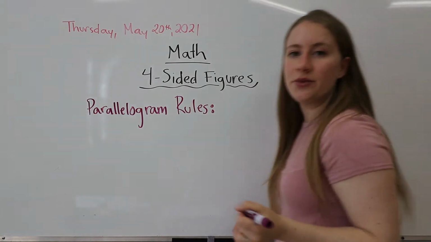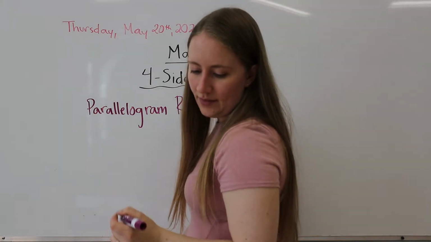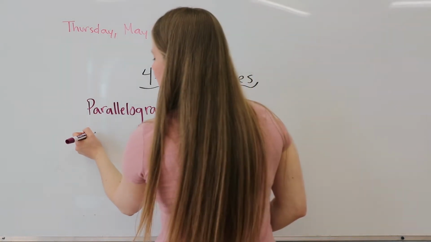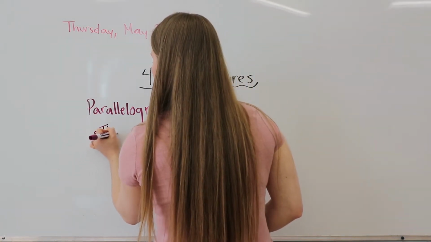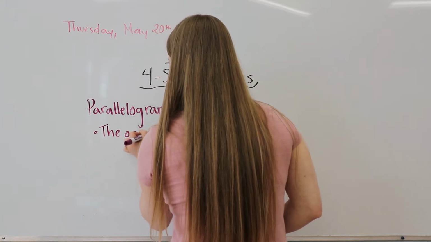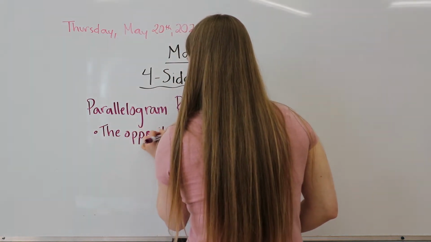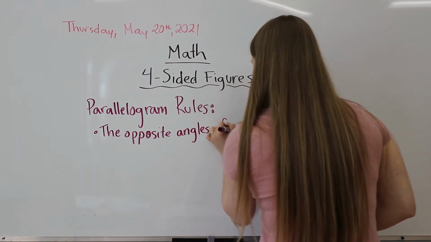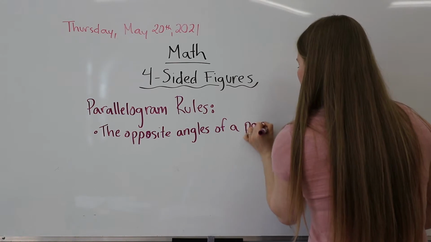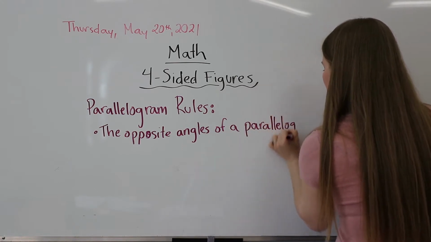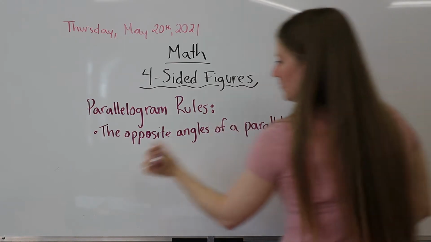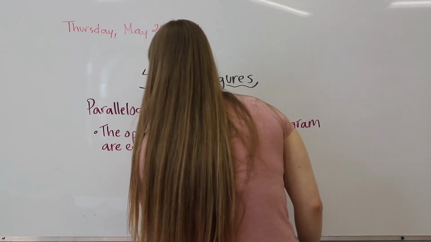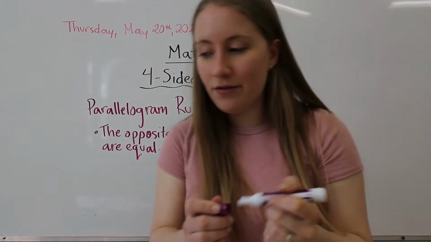The first rule that we've learned together is, and it's in the speech bubble on page 69, the opposite angles of a parallelogram are equal. So there is our first rule.